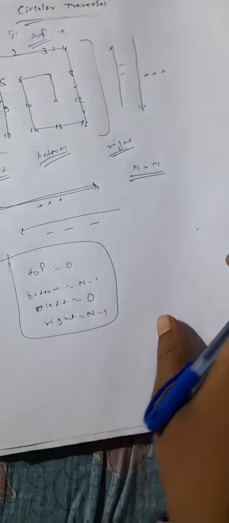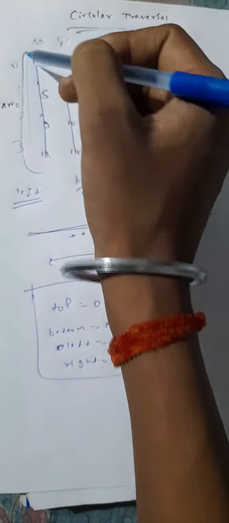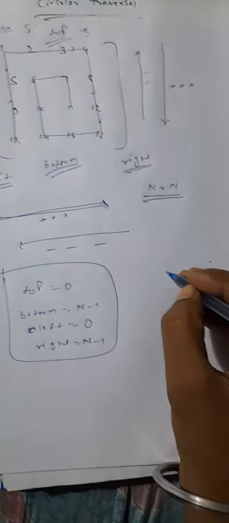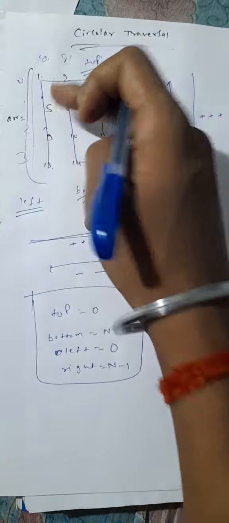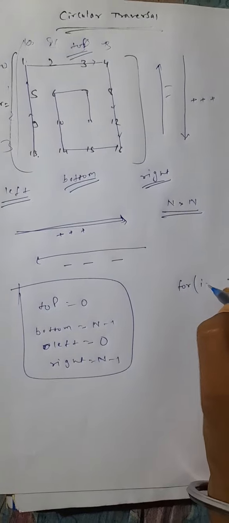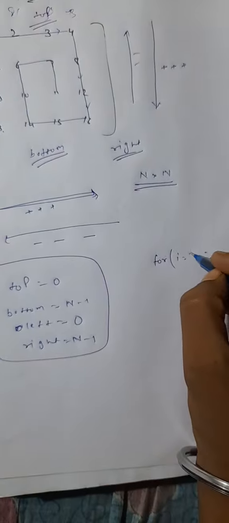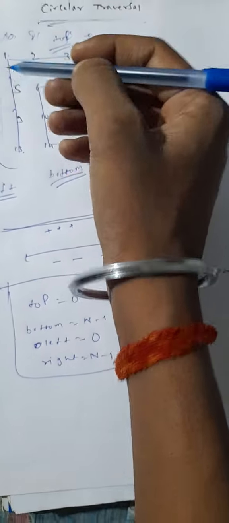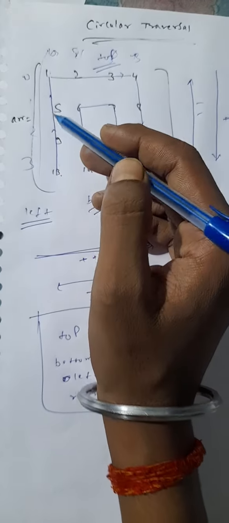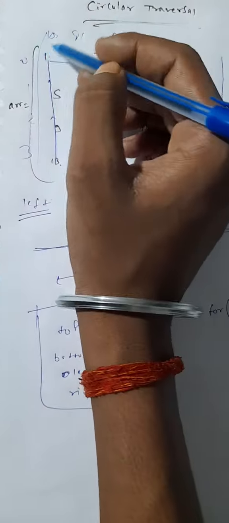Now what we have to do, we have to firstly go in this way, bottom to top. So we can use a loop for iterating all these elements. For i equals bottom, we have to go bottom to top. Guys, here you can observe that bottom is always greater, and top is always less.